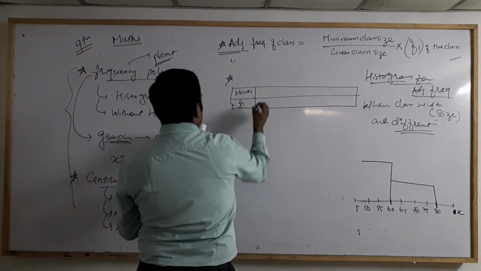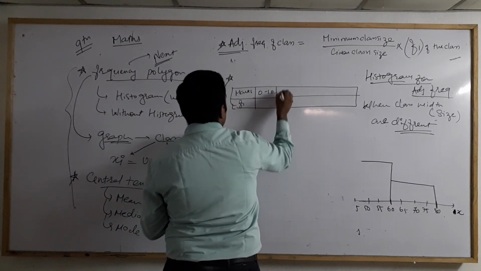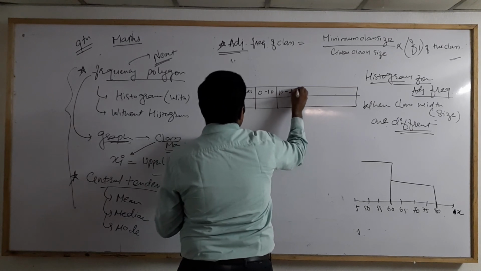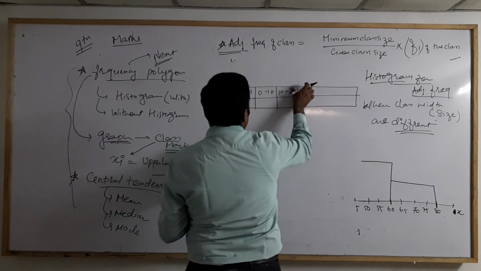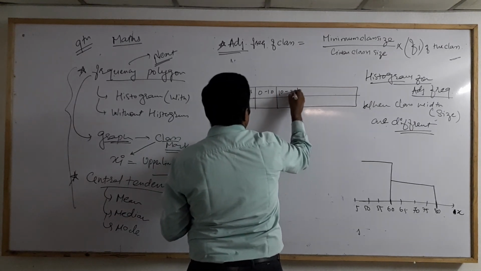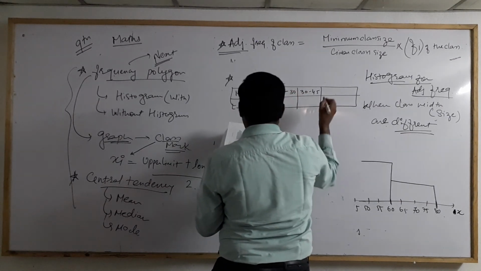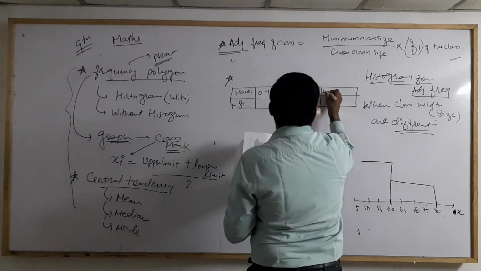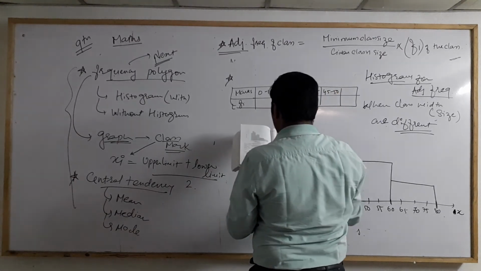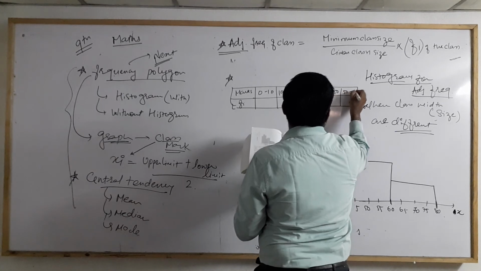Now my marks are 0 to 10, 10 to 30, after that 30 to 45, after that 45 to 50, and after that 50 to 60.